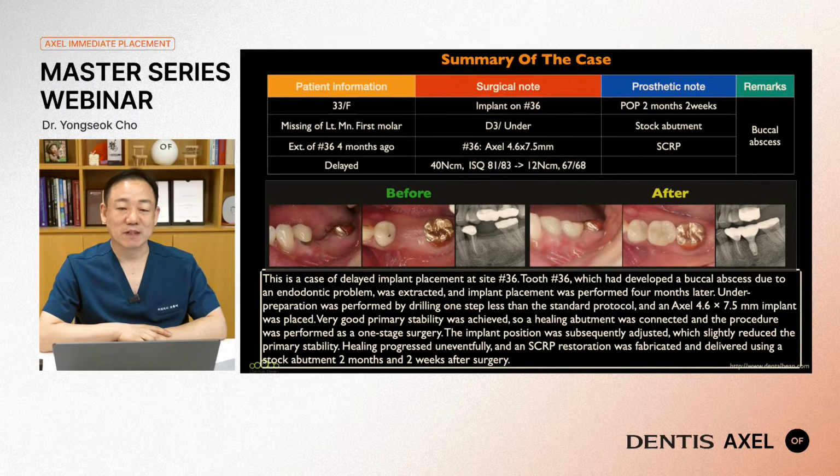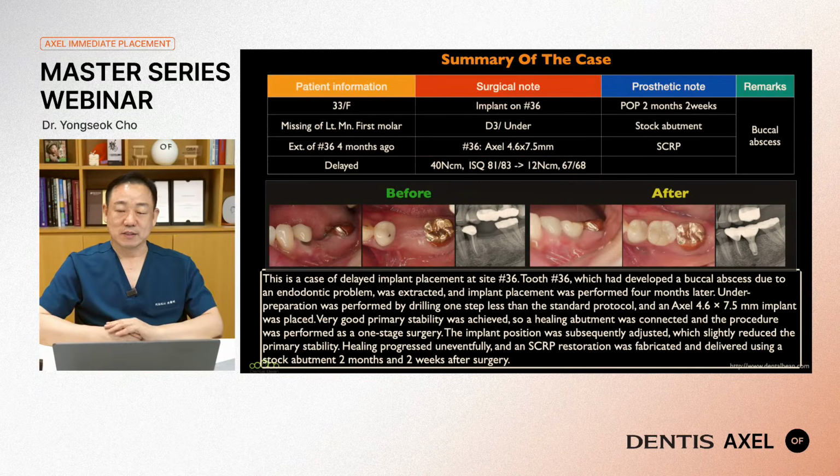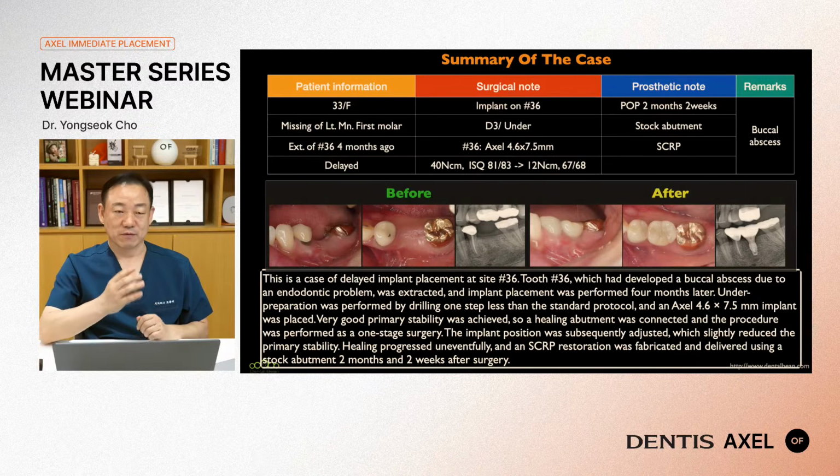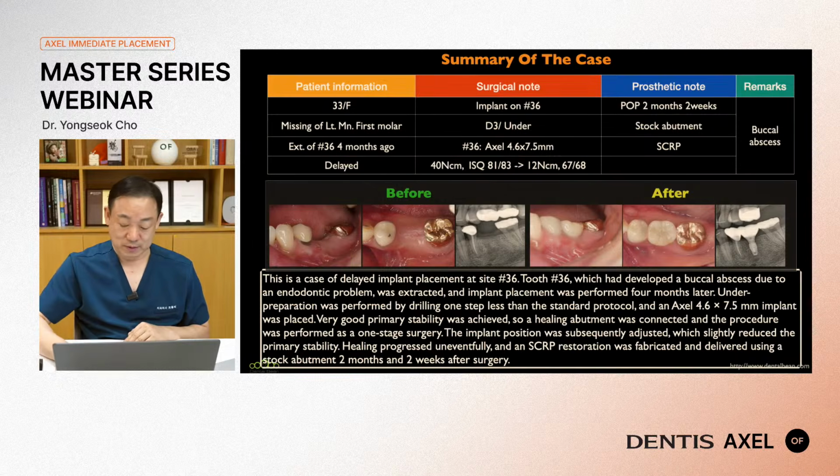Mostly it is flapless surgery. So although I waited several months, the surgical time is very short. The patient feels very comfortable, and the follow-up healing time is also very clean and short. So we can make a nice result in a very simple way.